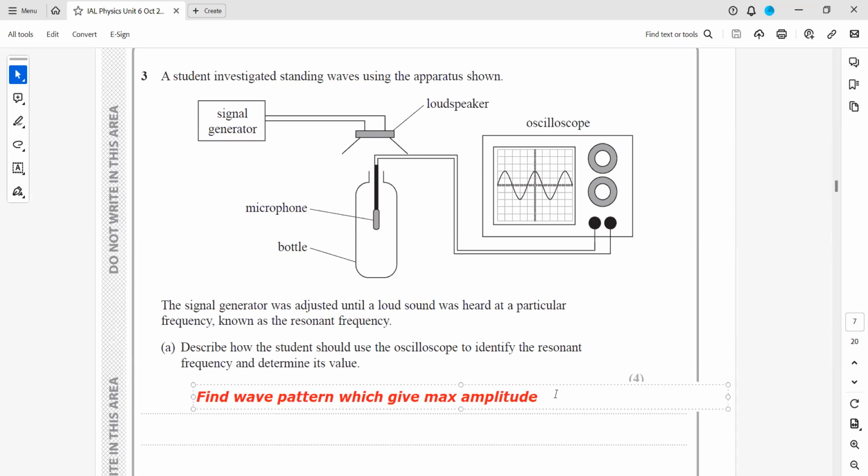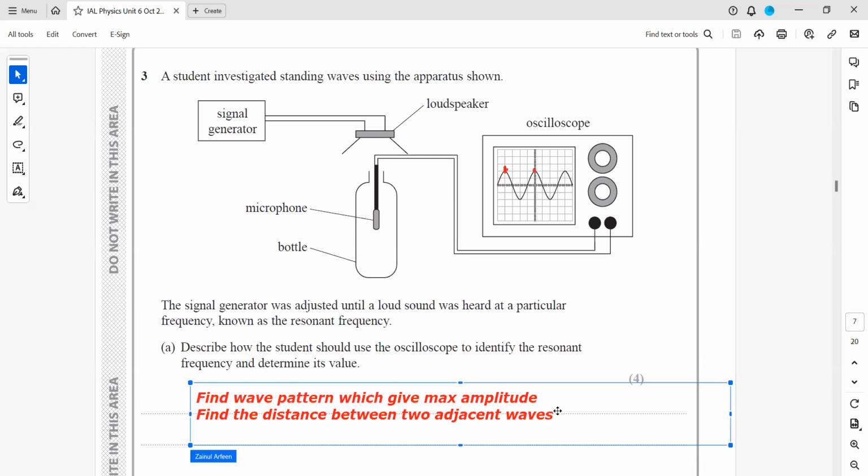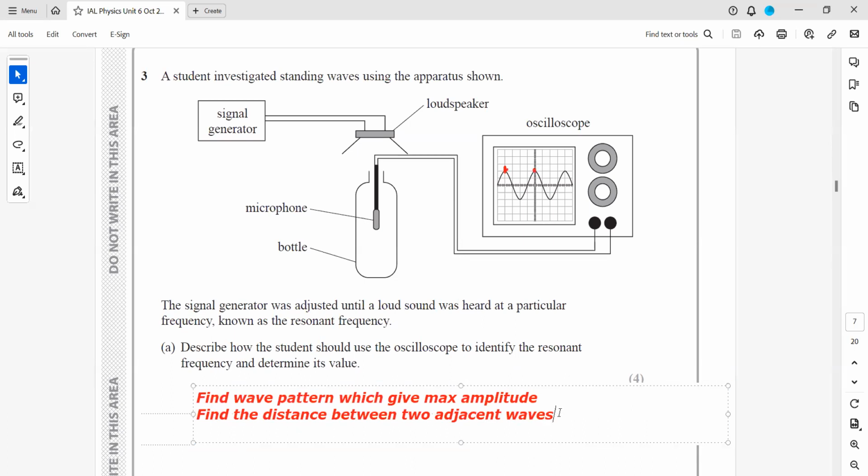And after finding the wave pattern which gives the maximum amplitude, find the distance between two adjacent waves. Then multiply the number of waves with the division, because each box stands for a certain division.